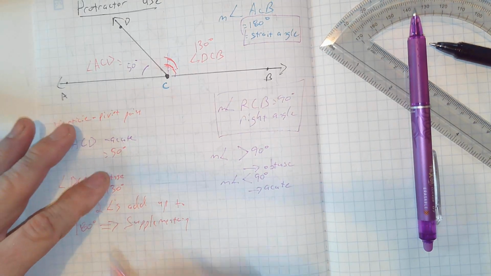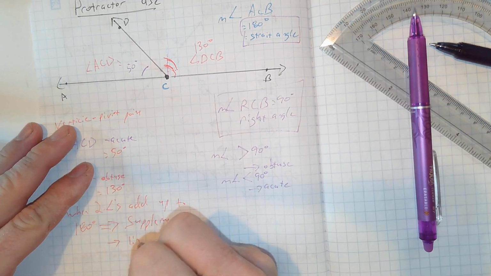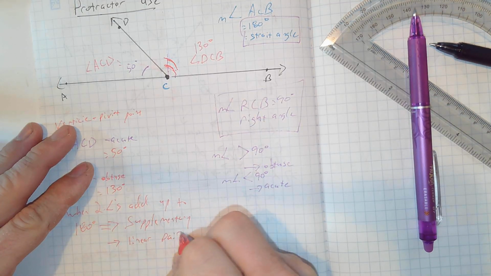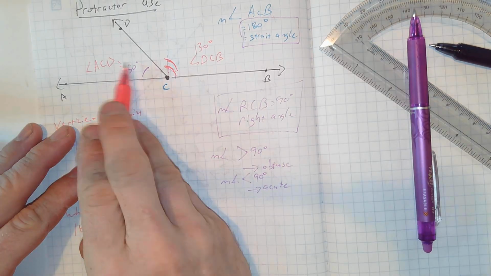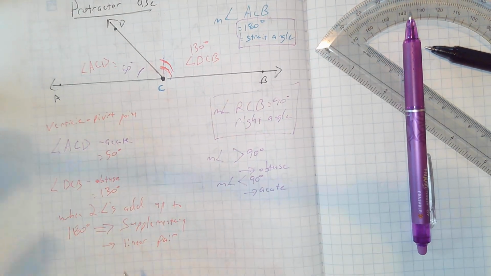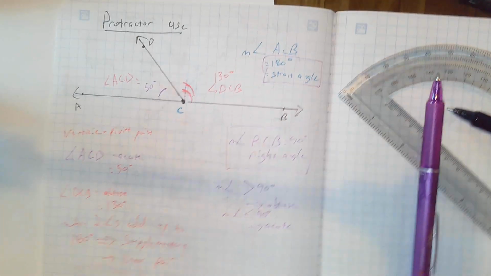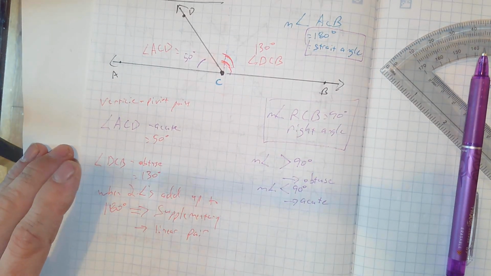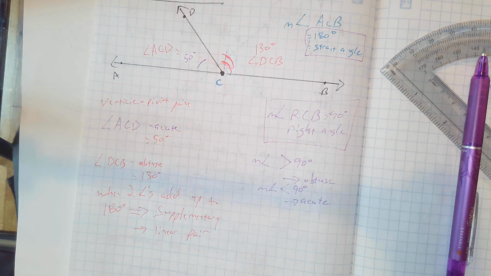They are also known as a linear pair, because they pair up to make a straight line, and line is linear. Those are some different definitions and words that get thrown around that you should recognize.